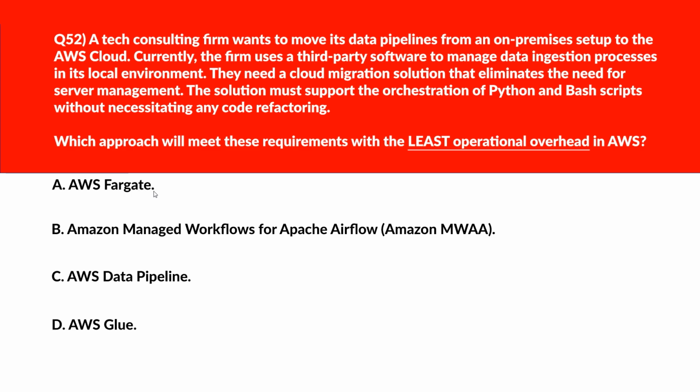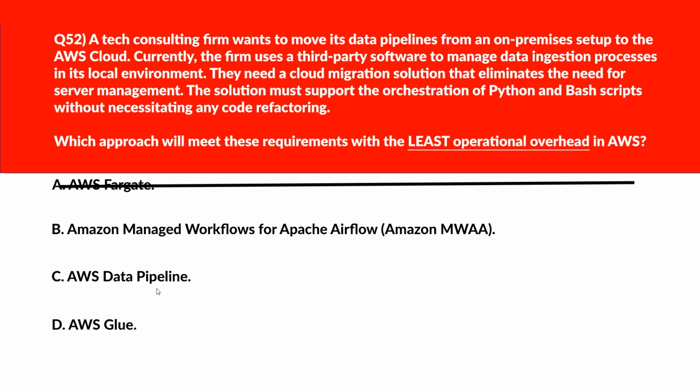Let's eliminate this. We'll move to option B. B says Amazon Managed Workflows for Apache Airflow, also known as Amazon MWAA. MWAA provides a fully managed orchestration service which supports Python as well as Bash scripts, eliminating server management and avoiding code refactoring. Let's park this.